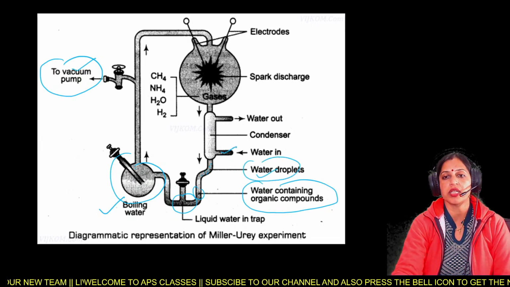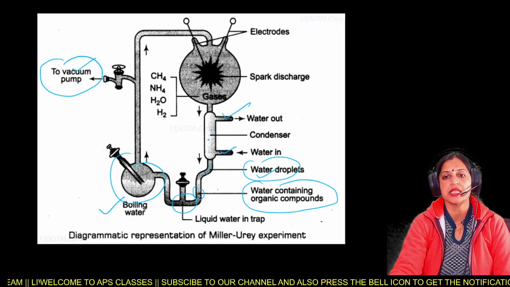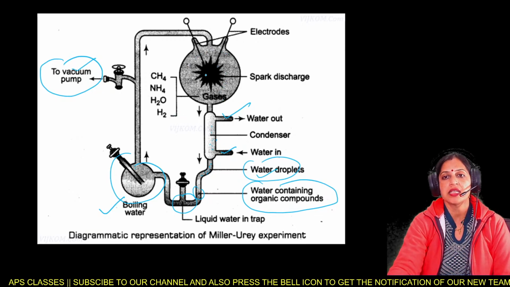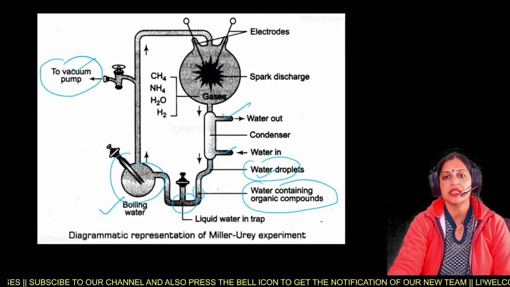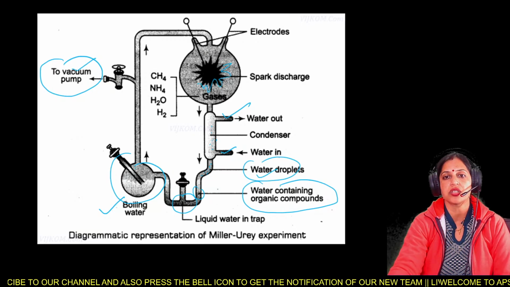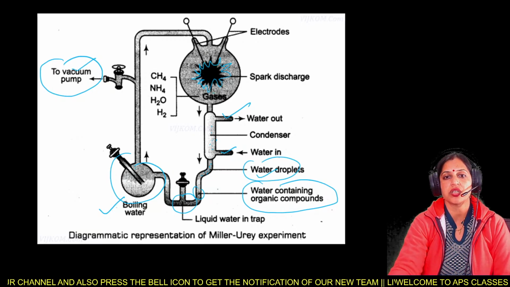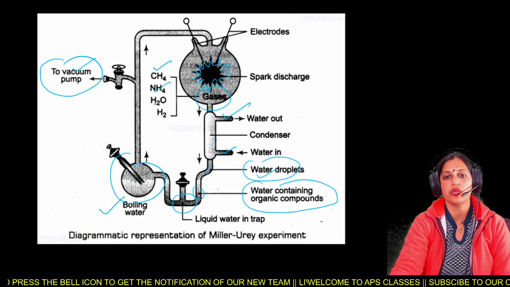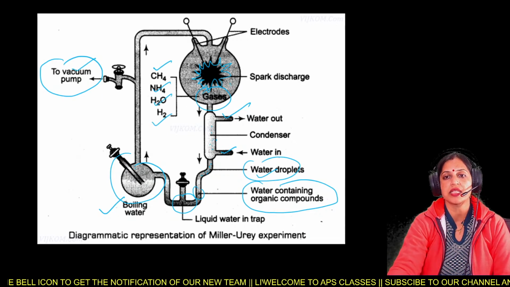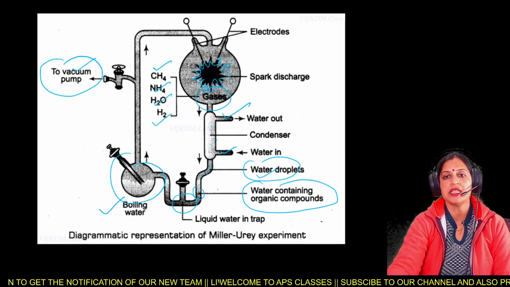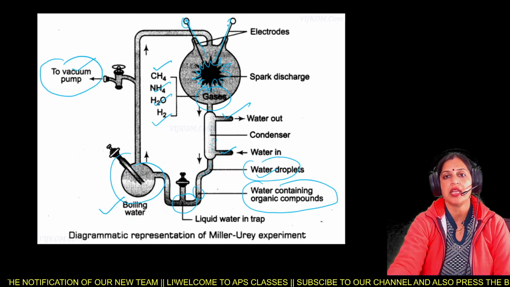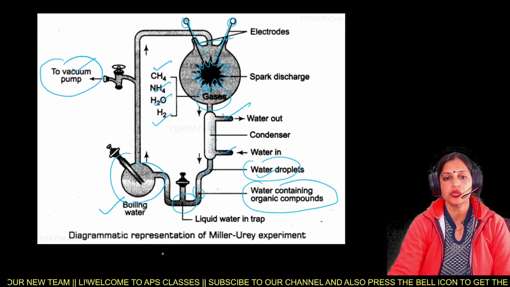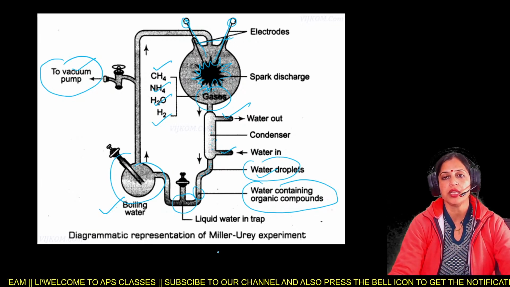Here the water is in, here the water is out, and this is the condenser. In this flask there is the spark discharge, and there are a number of gases: methane, NH3, H2O and H2. There are two electrodes. This is the diagrammatic representation of the Miller-Urey experiment.